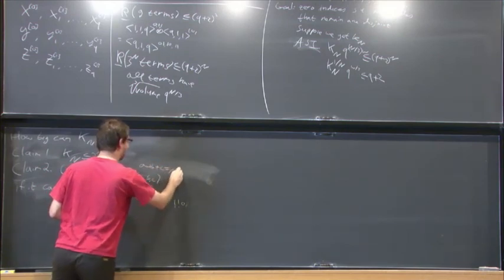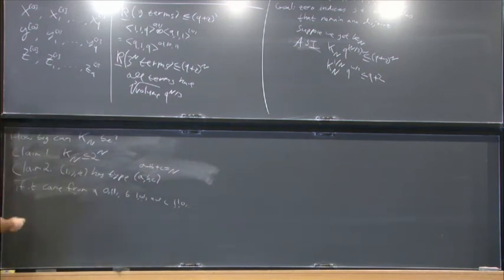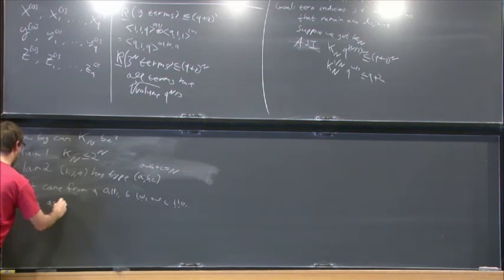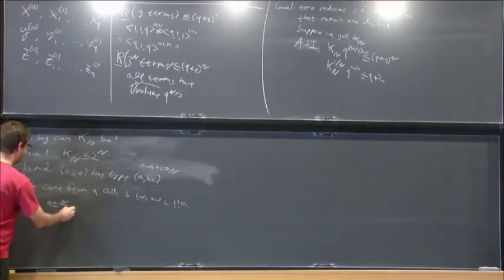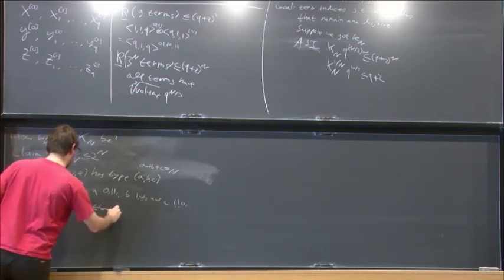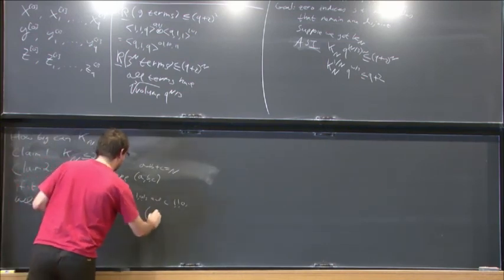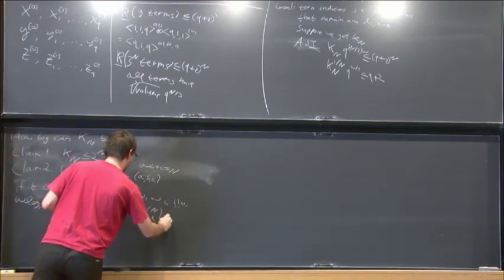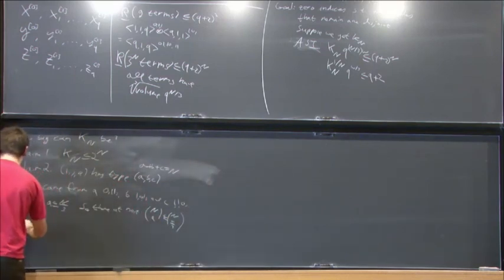This also implies that there are only polynomially many different types. Now, without loss of generality, A is at most n over 3. Otherwise, we'll pick one of the other ones. So there are at most n choose A triples of this type.